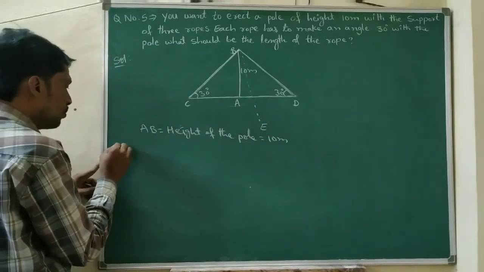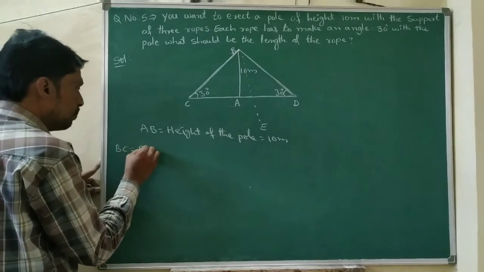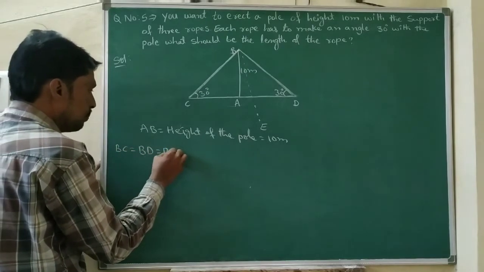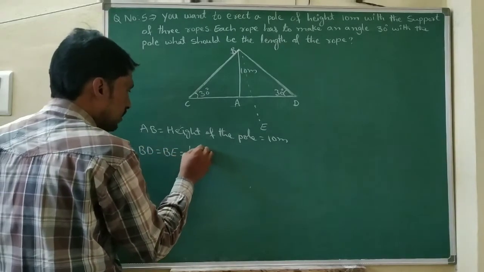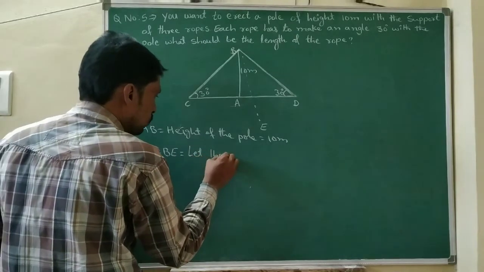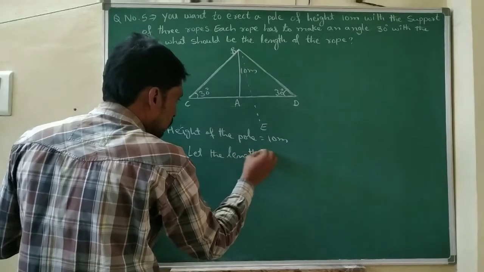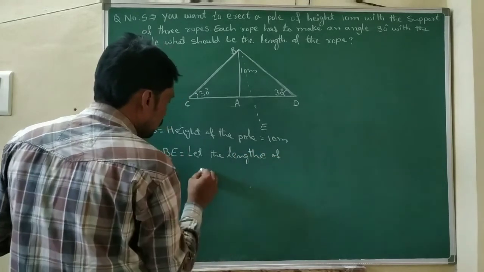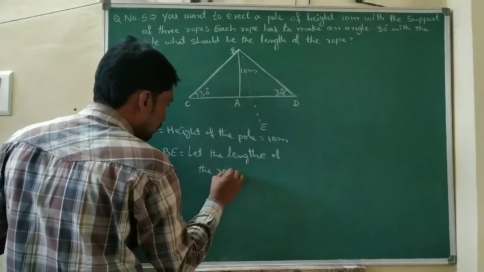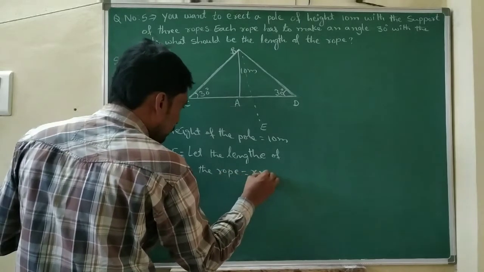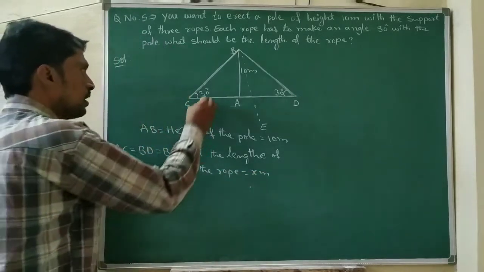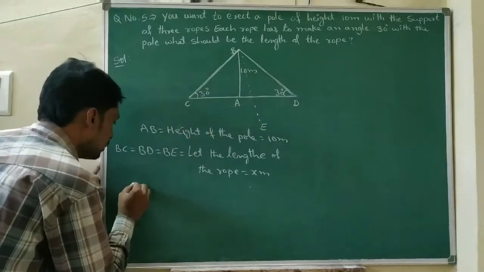So BC equal, BD equal, BE equal, let us take the length of the rope equal to x meters.